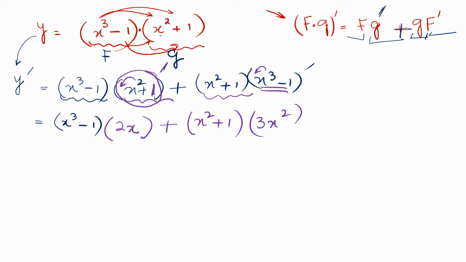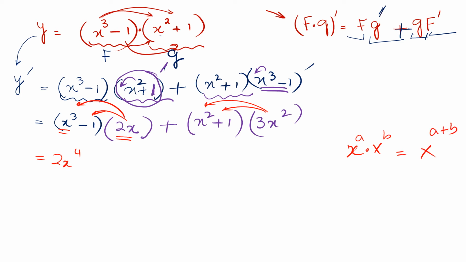Once you solve this, now simplify by opening the brackets using the distributive property. So 2x times x cube, you will get 2x to the power 4. The reason is that if you have x power a times x power b, we write the x as it is and we add the powers. So here the power is 3, the power is 1, so 3 plus 1, you will write 4.